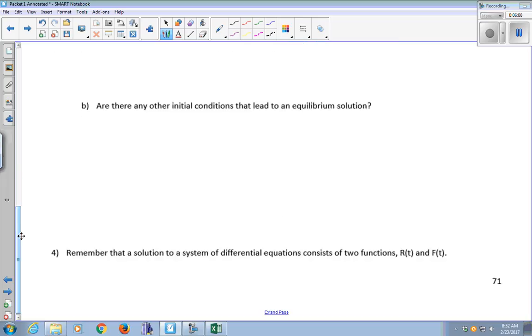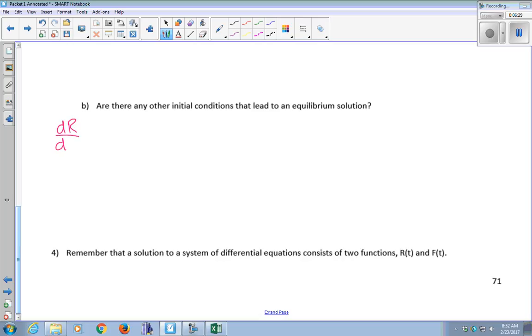Are there any other initial conditions that lead to an equilibrium solution? Right, so the size of the rabbit population and the fox population never changes, constant. If the size is constant, if R of t and F of t are constant, that means that the derivatives are 0.